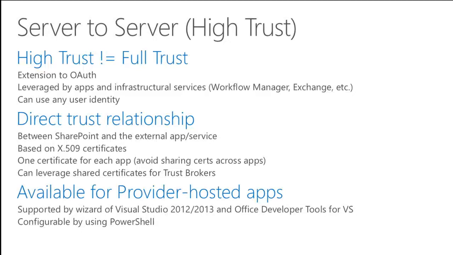The other option we have is the so-called server-to-server or high trust scenario, which is a kind of extension of OAuth, because it allows to make a direct trust between a SharePoint farm and an external app or service based on an X509 certificate.